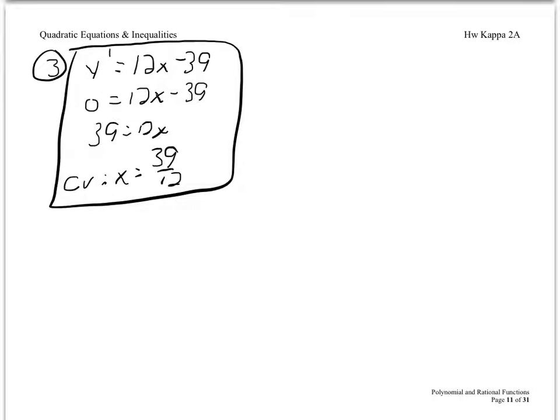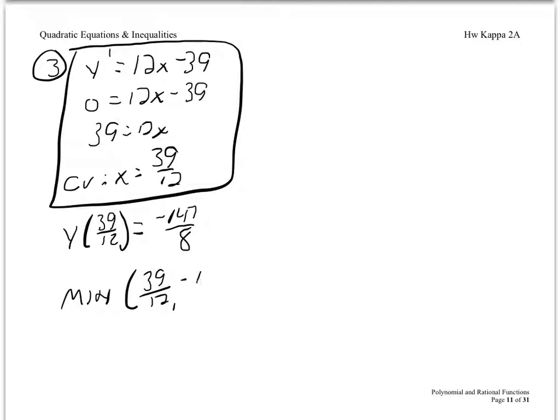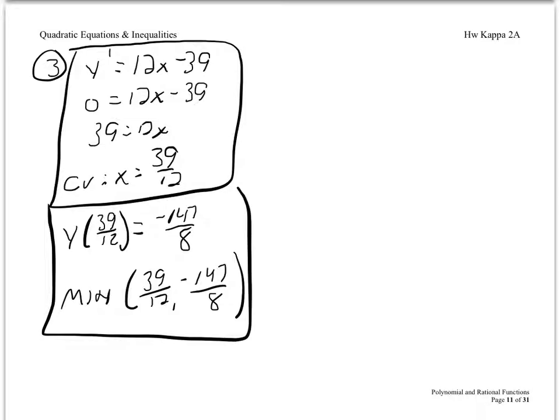To make that a critical point, you take that critical value and put it into the related function. It ends up giving you negative 147 over 8. Feel free to use your calculator just to save yourself some time, although you should be able to do it without a calculator if I ask you to do so. So, we have our x-intercepts, our y-intercept, and our minimum for our parabola.